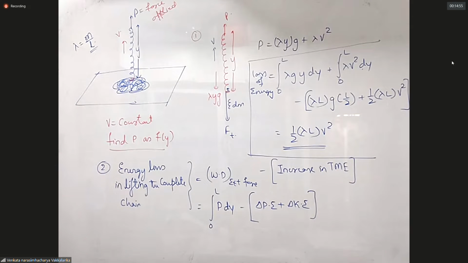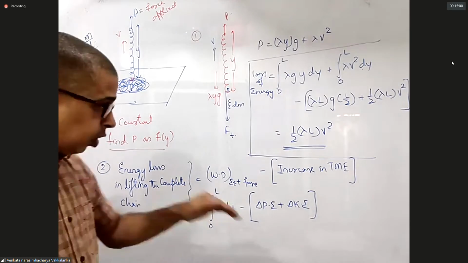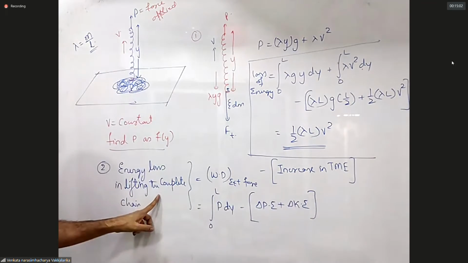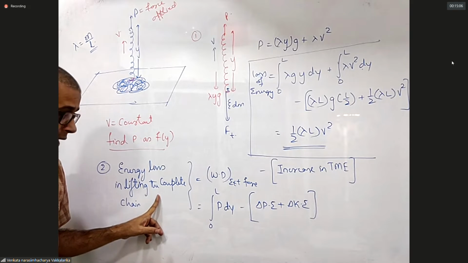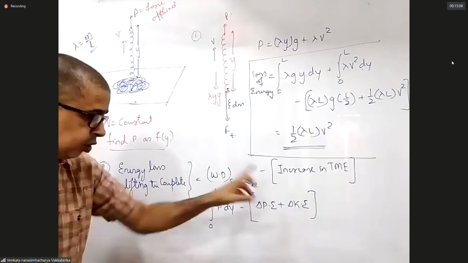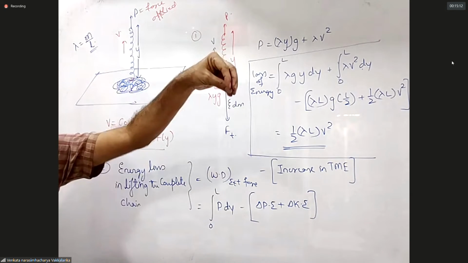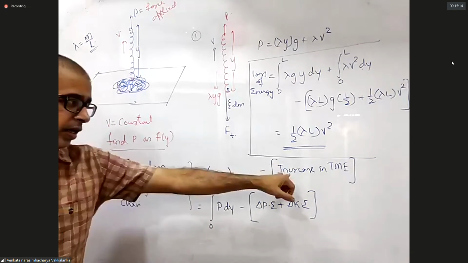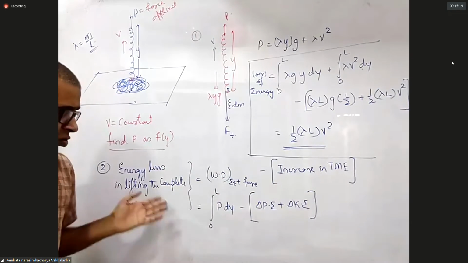So can you explain again why energy loss is equal to work done by external force minus increase in T and V? Tell me, according to you, what should be the energy loss. Use your mind and tell me what should be energy loss according to you. Somebody is doing work on it. If that work didn't go into the total mechanical energy, the balance will be lost.